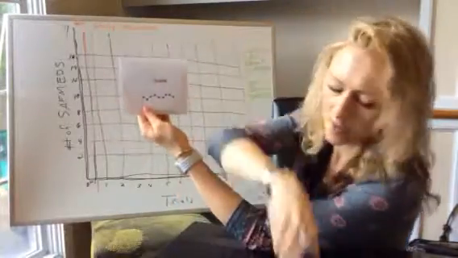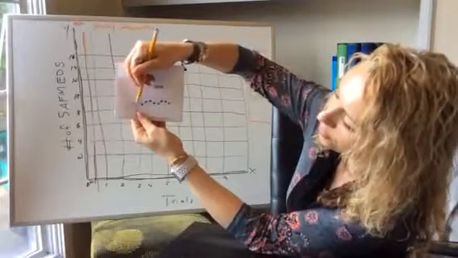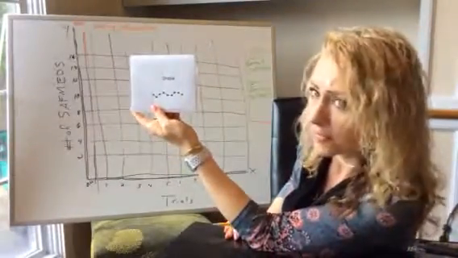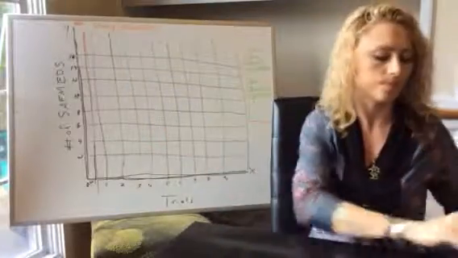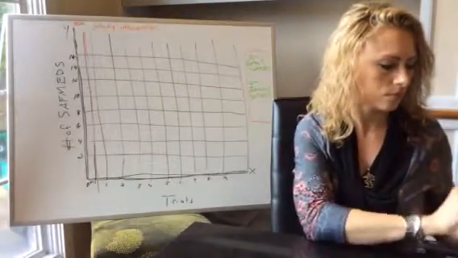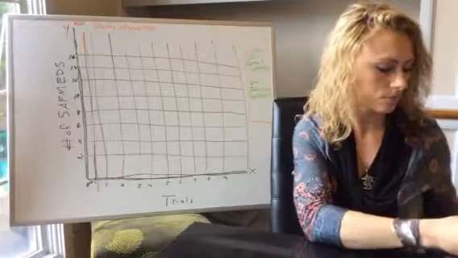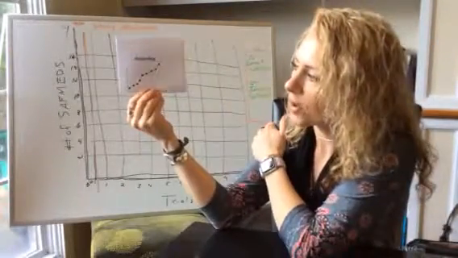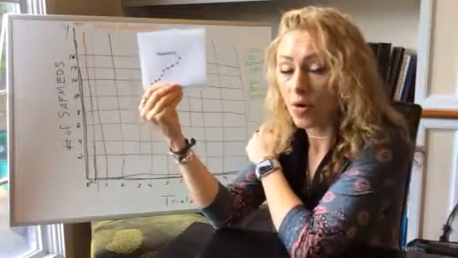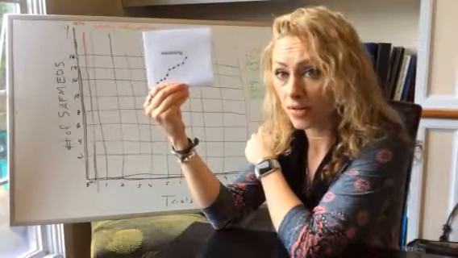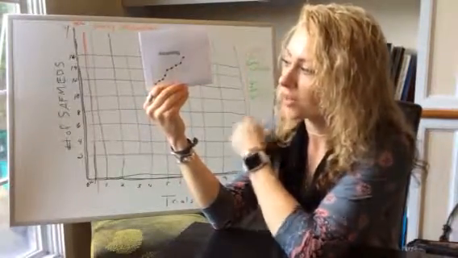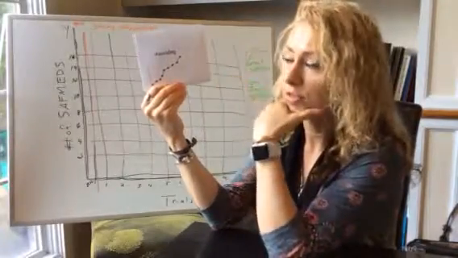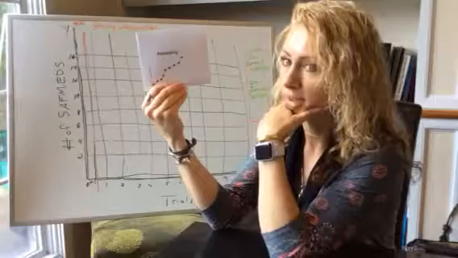If you were to draw a line through the middle of the points, it's staying the same, it's staying level. This is what we call an increasing or ascending trend. Our data points are going up. It's a positive slope. Okay?